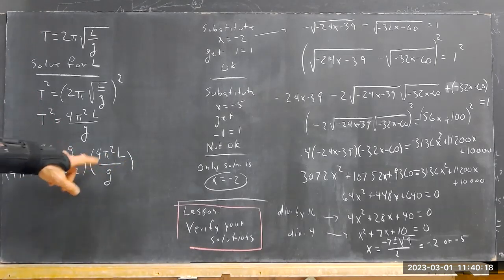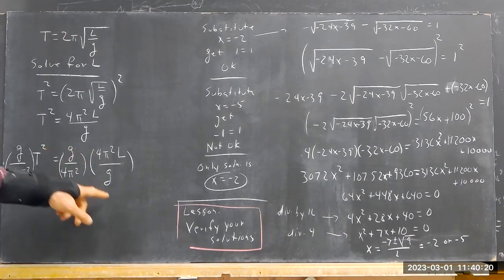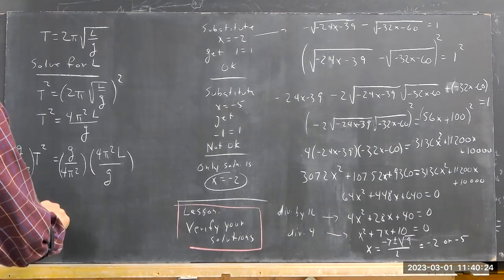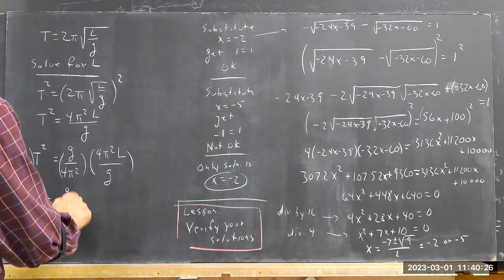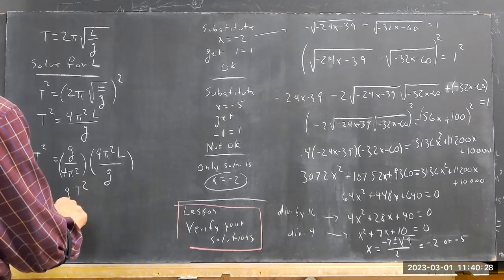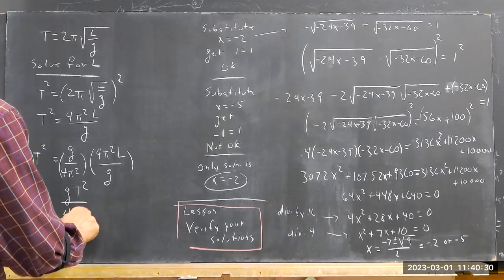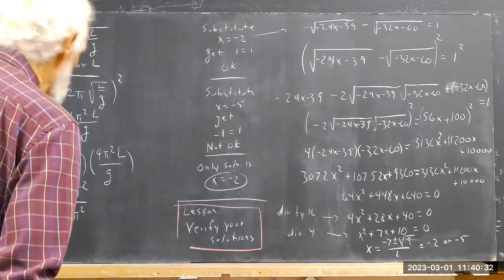And that's going to divide out the 4 pi squared, going to divide out the G. And we get L equals, we can write it in one expression, G T squared over 4 pi squared.